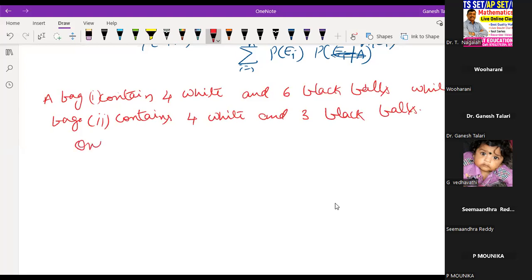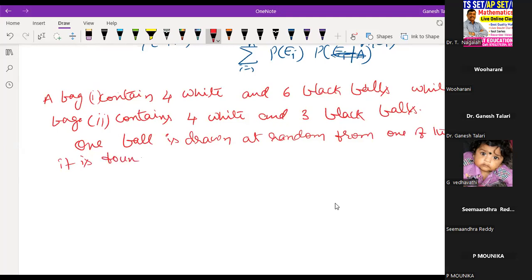So here one ball is drawn at random from one of the bags, and it is found to be black.